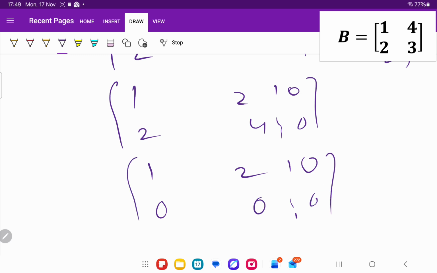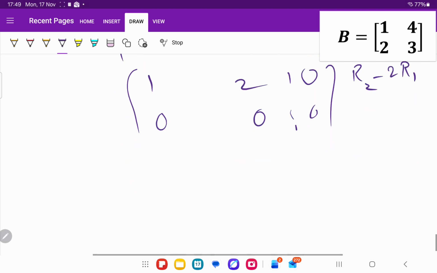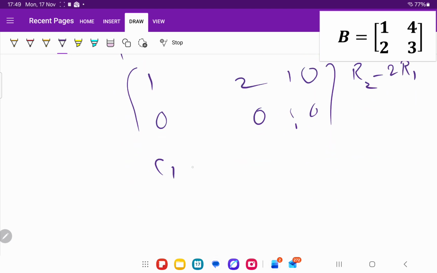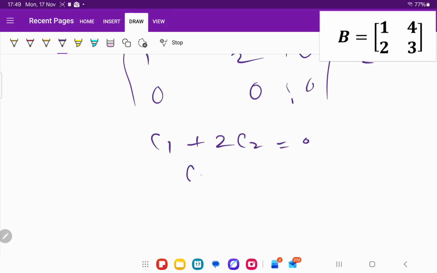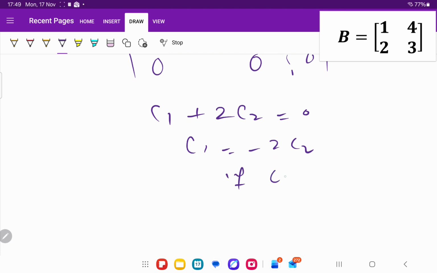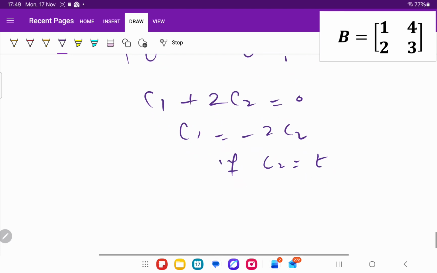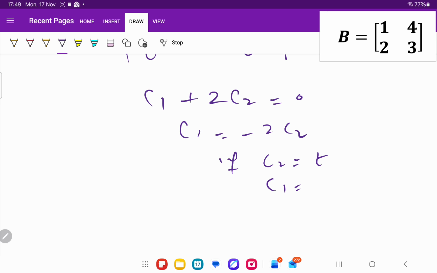So you have applied 2R1 minus R2. It means that C1 plus 2C2 equal to 0. It means that C1 is equal to minus 2C2. So if C2 equal to T, then C1 equal to minus 2T.